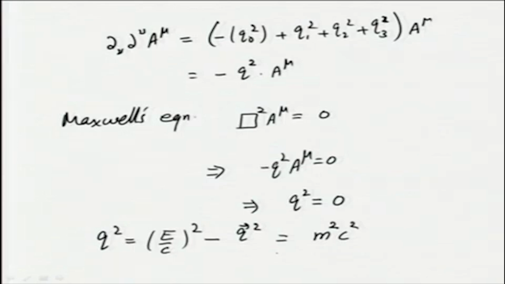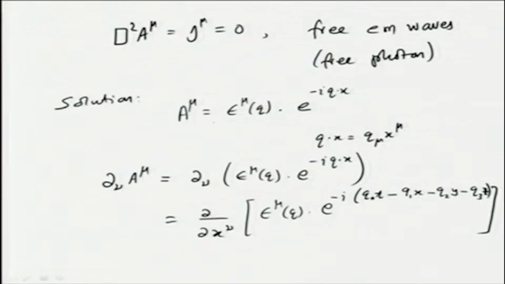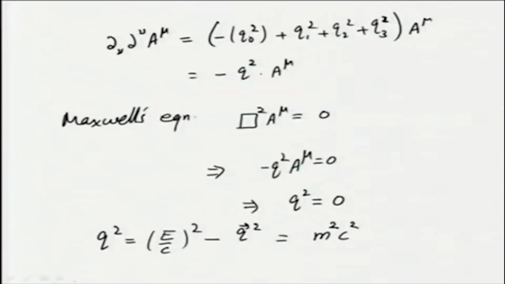And when we say q square equal to 0, m square is equal to 0. Now, as we said earlier, when we consider A mu as representing the photon and we associate a 4-momentum q with A mu, like in this case A mu is equal to epsilon mu q exponential minus I q dot x is what we considered, q is essentially then interpreted as the 4-momentum of the photon, and Maxwell's equation gave us 4-momentum square is equal to 0 for the photon.